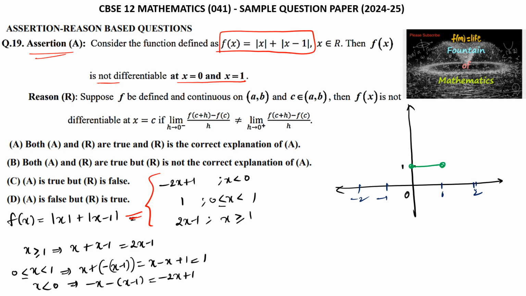And x greater than or equal to 1, we can see the graph 2x minus 1. At x greater than or equal to 1, 2x minus 1. So when x is equal to 1, it is 2 into 1 minus 1, 1. And x is equal to 2, 2 into 2 minus 1, 3. Since it is a linear equation, it is a straight line.